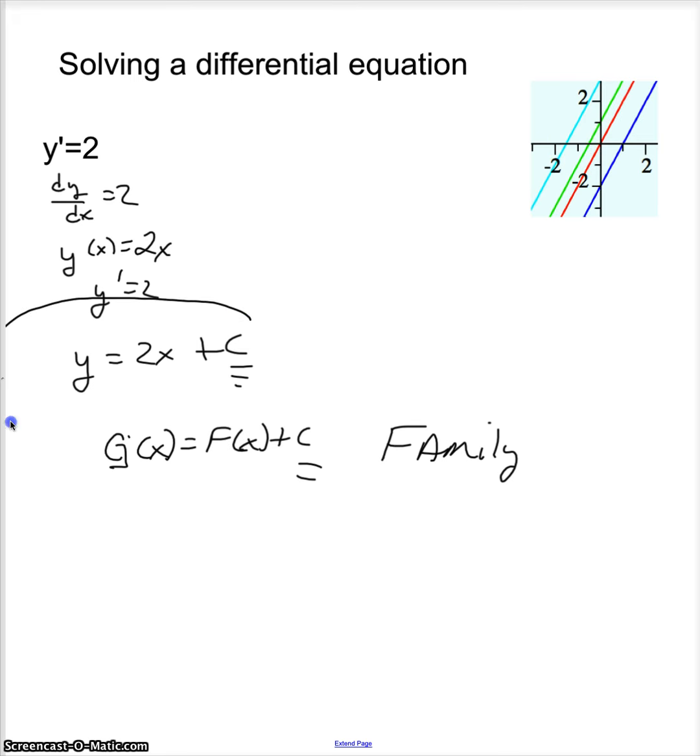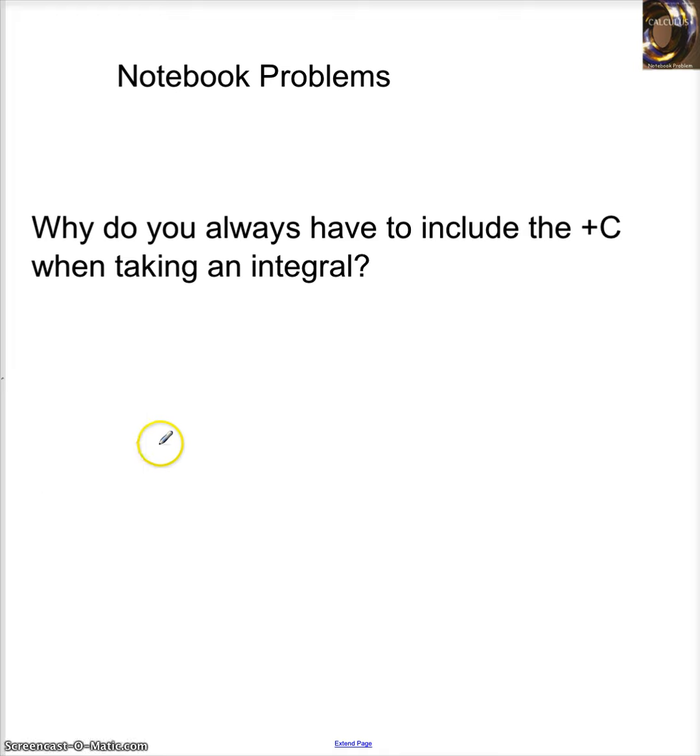So you have a bunch of solutions. When we solve differential equations, there's not always just one exact answer. All right, pause the tape and answer the question. Come back when you're done. I'm not done with you.